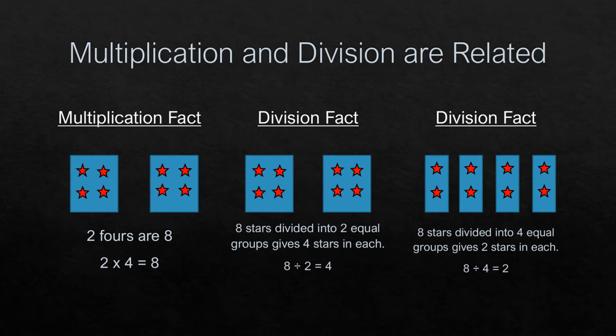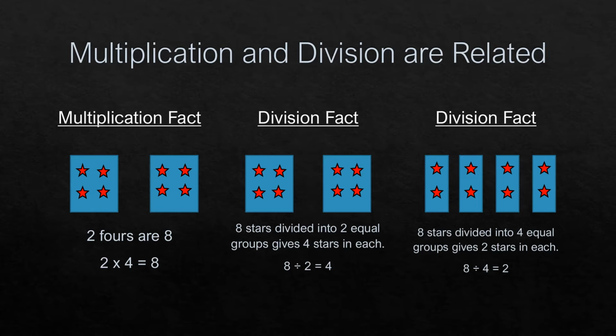In another division fact, 8 stars are there and these 8 stars are divided into 4 equal groups. And each group has 2 stars.